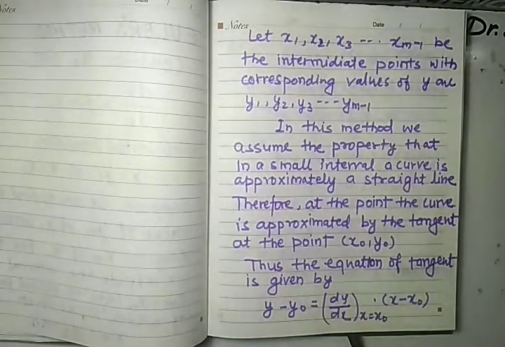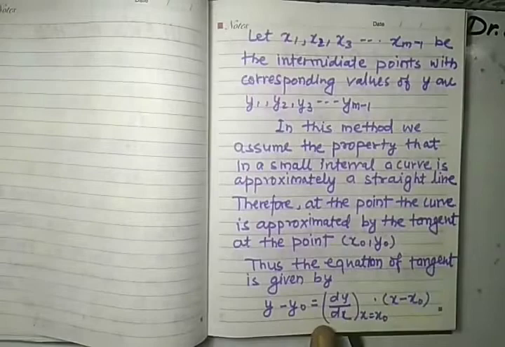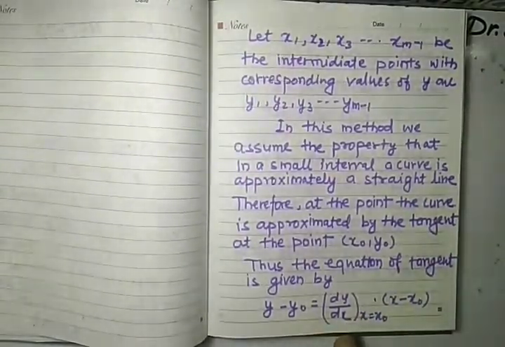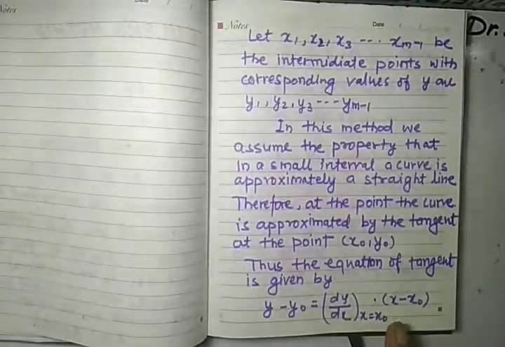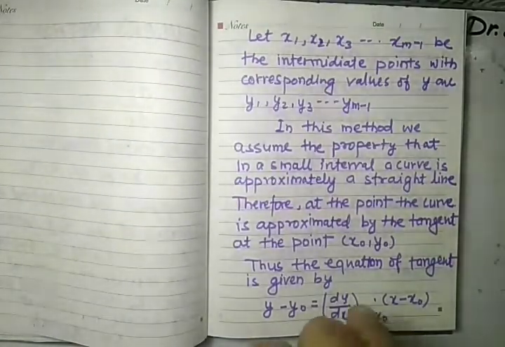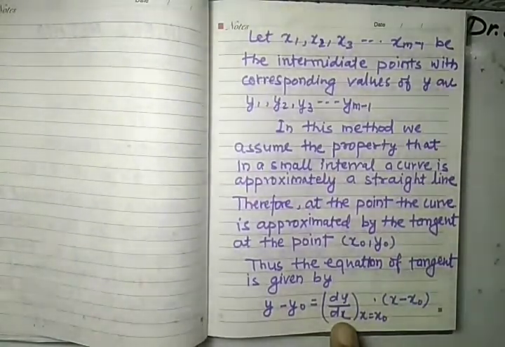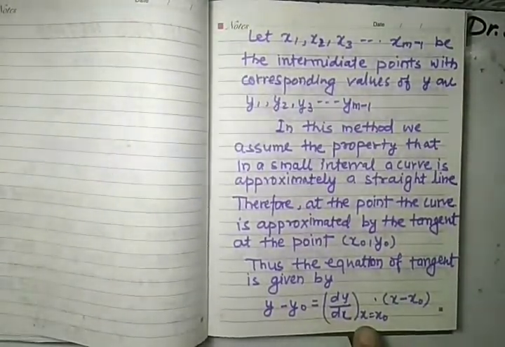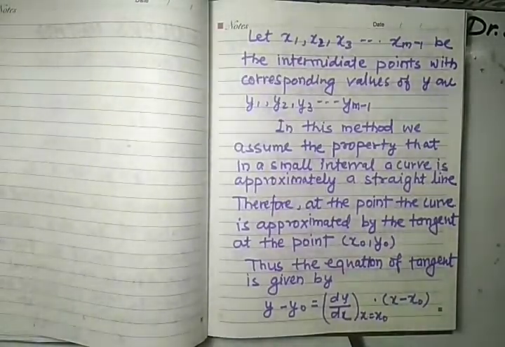Thus, the equation of the tangent is given by y minus y0 = (dy/dx at x = x0) times (x minus x0). That is, the derivative dy/dx at x = x0 can be determined, and this is the equation of the tangent.